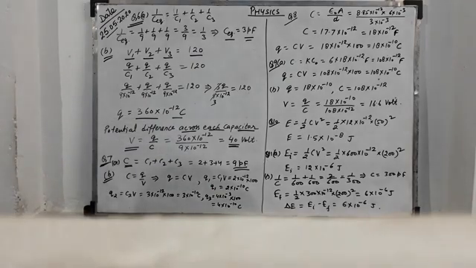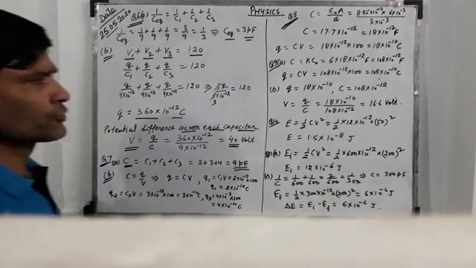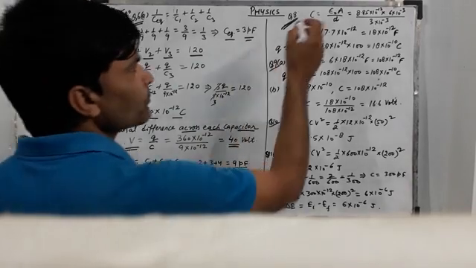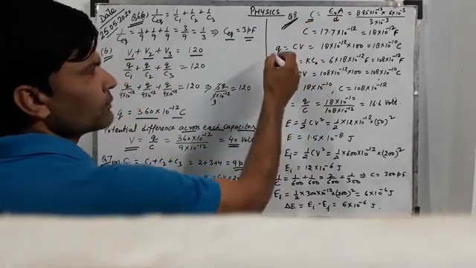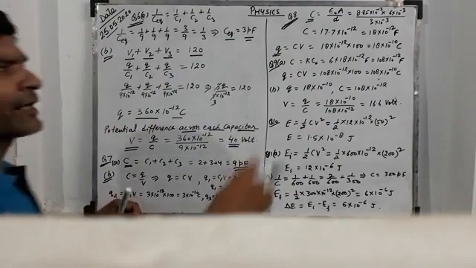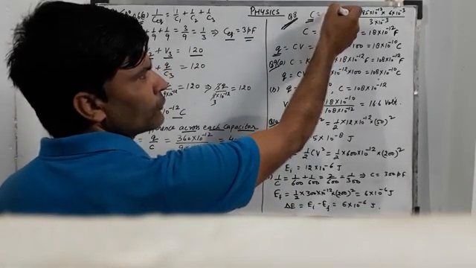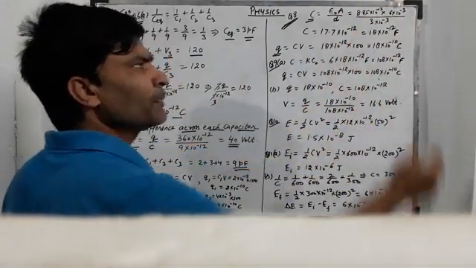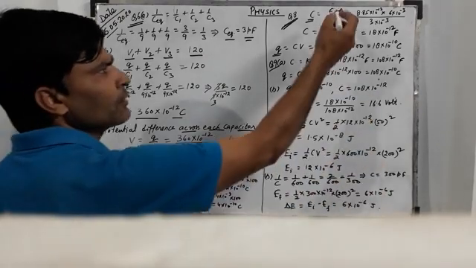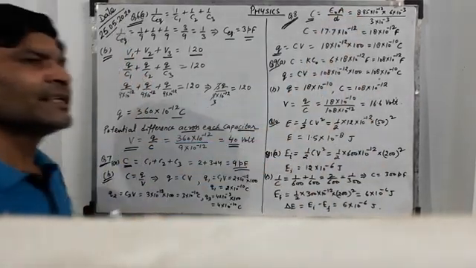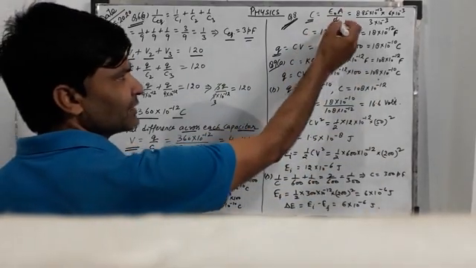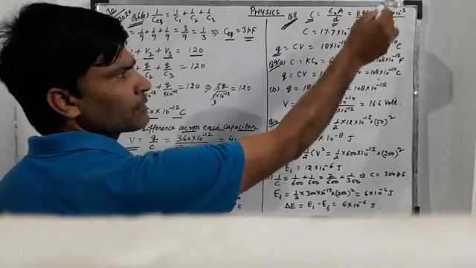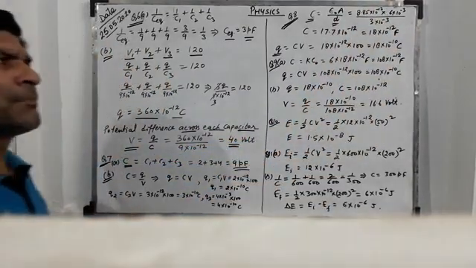Okay. So now come to question number 8. In question number 8, the question is asking about the capacitance and then charge. So for capacitance, you have the value of permittivity of free space, that is 8.85 into 10 to the power minus 12, and in the question area and separation are given to you. Separation is in millimeter, so you convert this into meter by multiplying by 10 to the power minus 3.